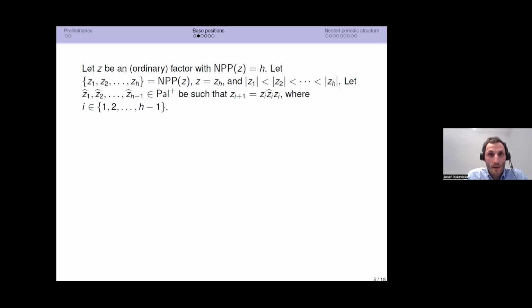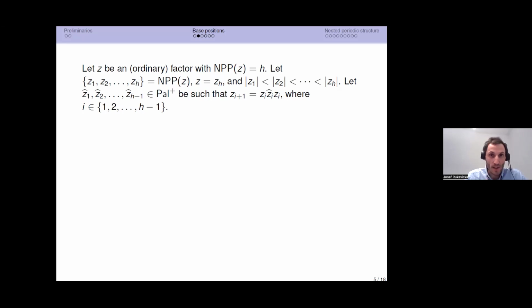So this is why I put it in brackets. Now I define the non-periodic palindromic prefixes of the word Z. I denote them Z1, Z2 till ZH. So these palindromic prefixes are the set NPP.